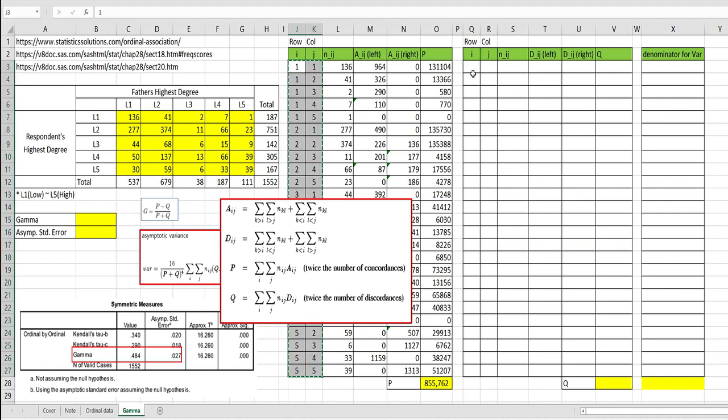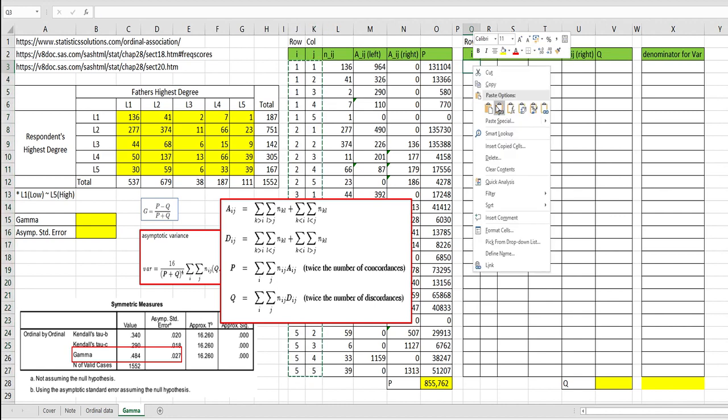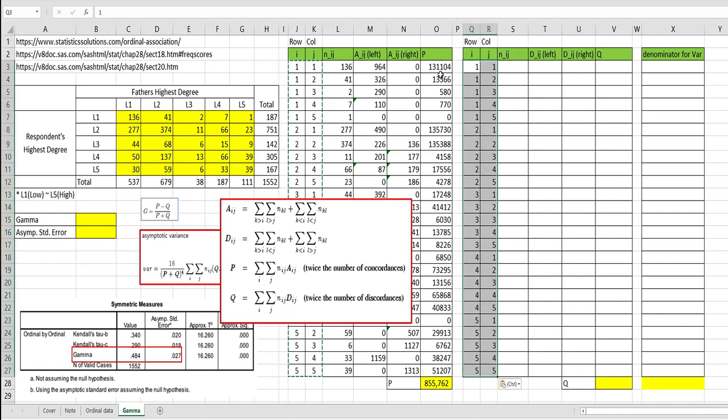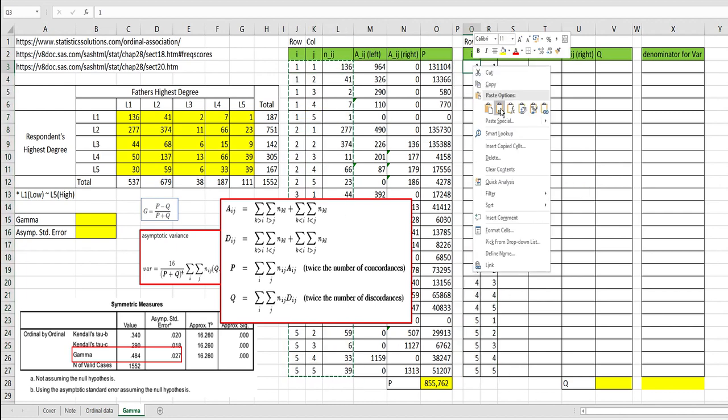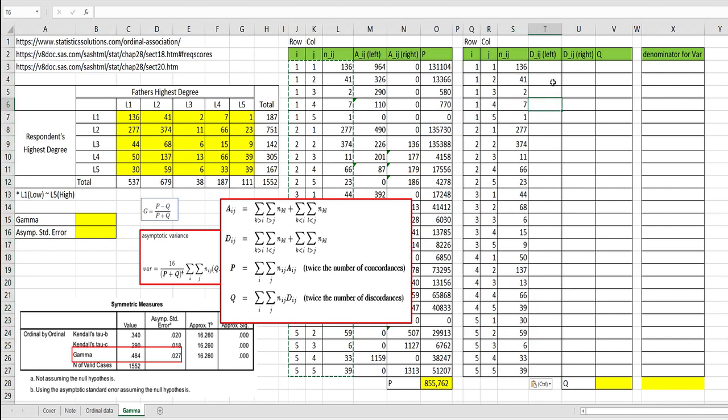For the Dij part, we can use the same data here. And for Dij left, for 136 here, there's no data and no data. For 41, the left part is here, no right data.